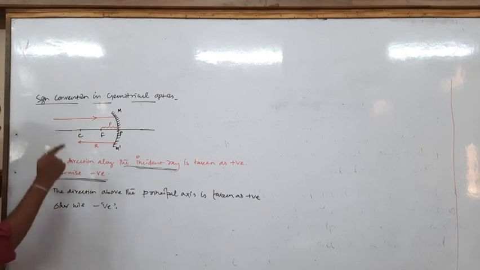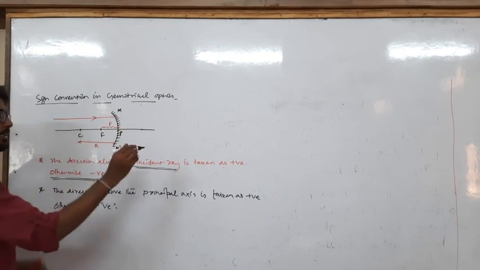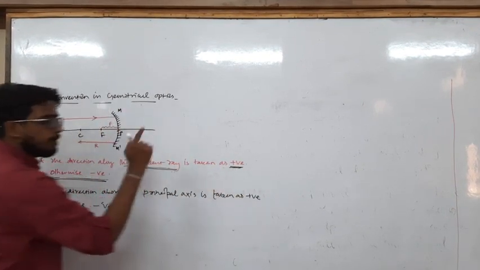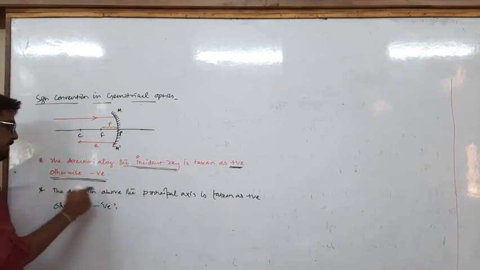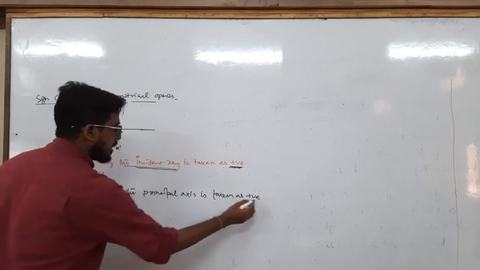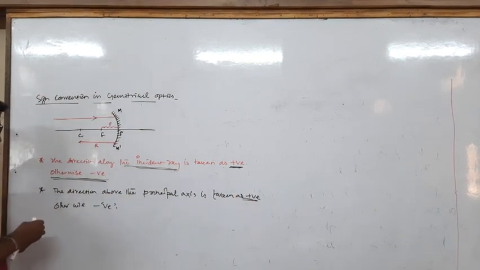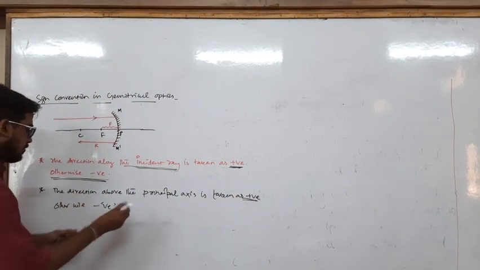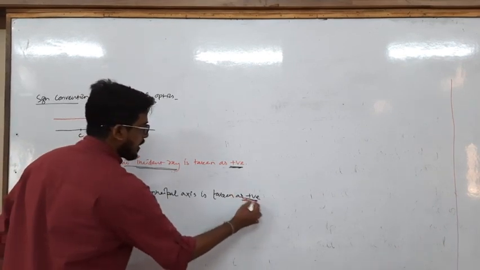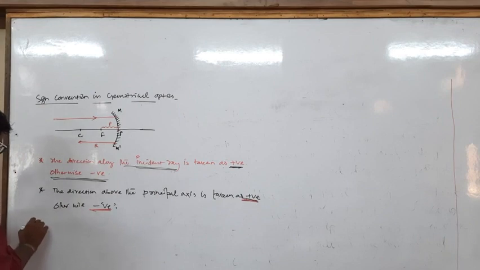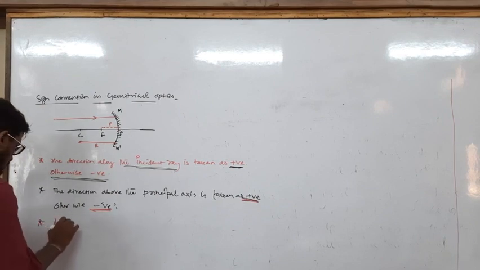If the direction is along the incident ray, it is positive. If opposite to the direction of the incident ray, it is negative. The direction above the principal axis is positive, and if the direction is not above the principal axis, then it will be negative. Clear?